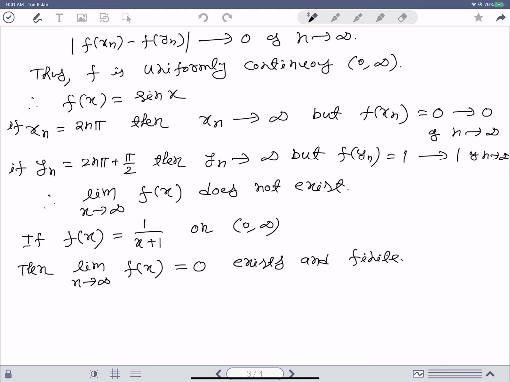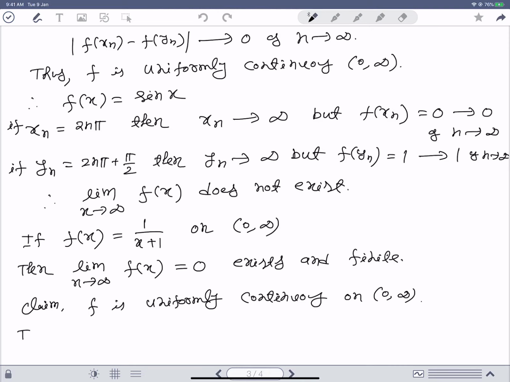See, last time when we took f of x equal to x, the limit existed but was infinite. But in this case the limit exists and is finite, and we claim that f is uniformly continuous on the domain 0 to infinity.